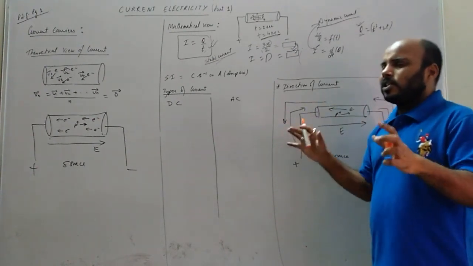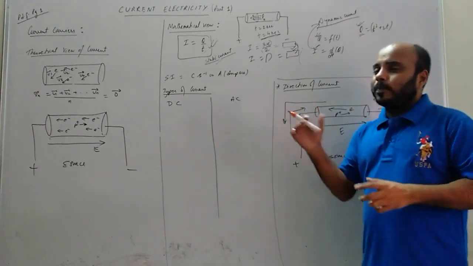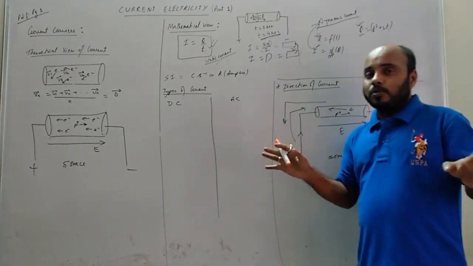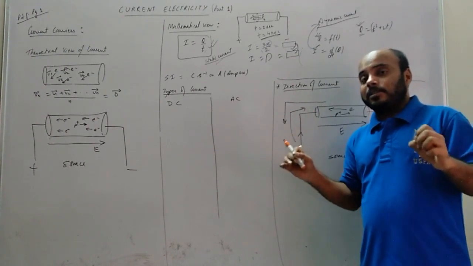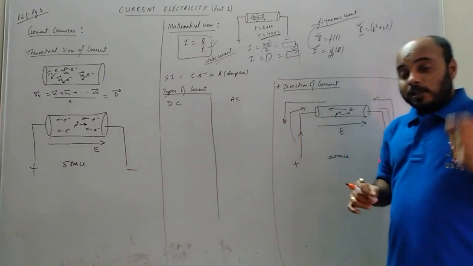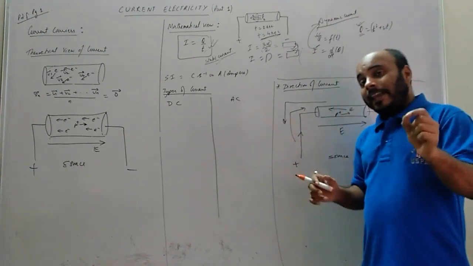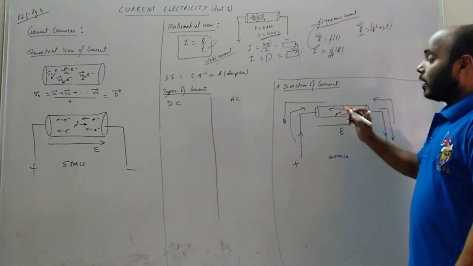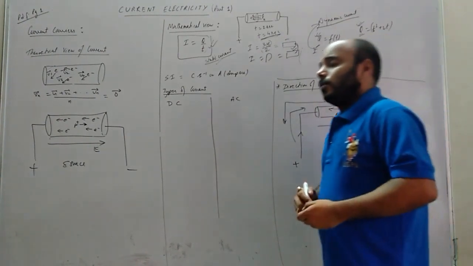We are just studying that electrons are flowing in a particular direction. That current direction is called electronic direction, which we don't use. We are interested in conventional direction. So you have to remember conventional direction is positive source to negative source, and it is also the direction of proton. बस ये दो चीज याद रखना है.